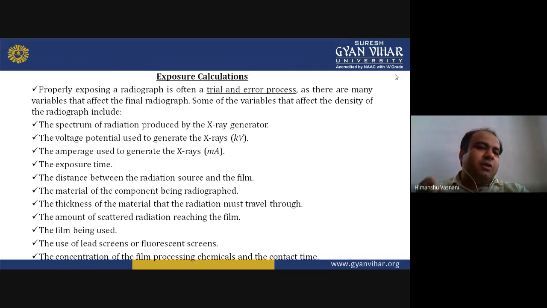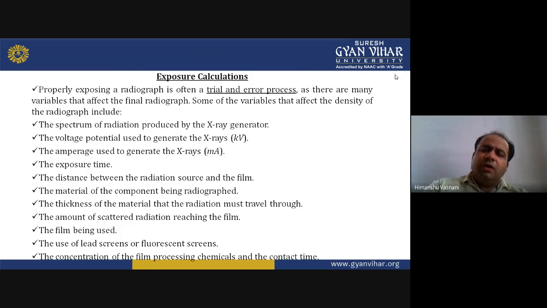Now, exposure calculations. Whatever we are testing, either on the surface or inside the workpiece, like finding internal cavities, defects or discontinuities, there is some experimentation done, and every experimentation has some calculations.